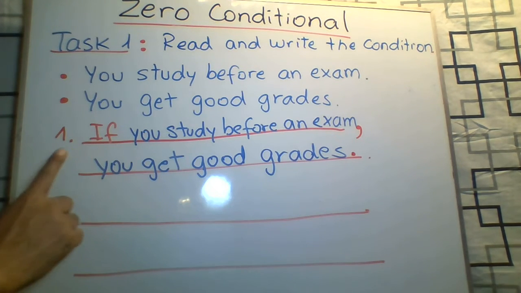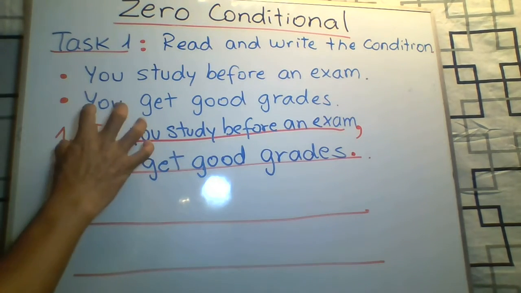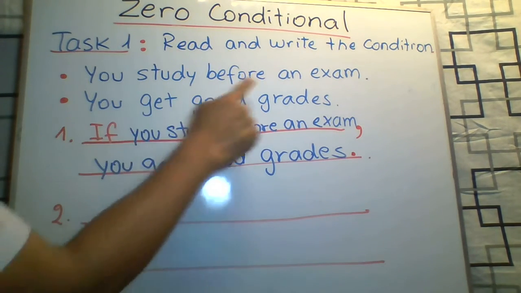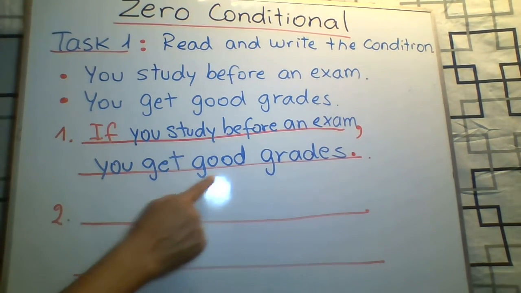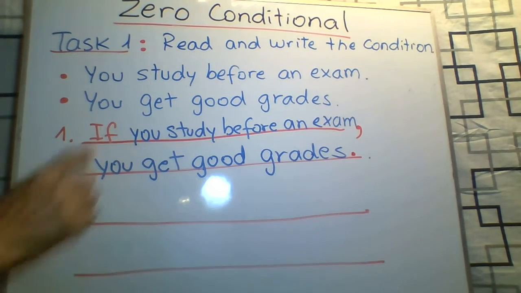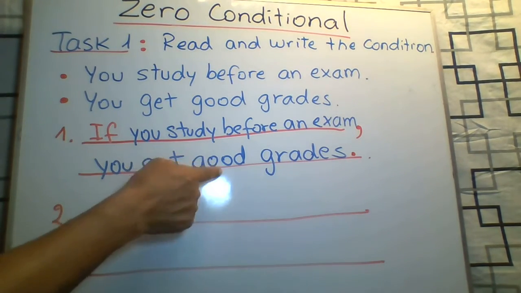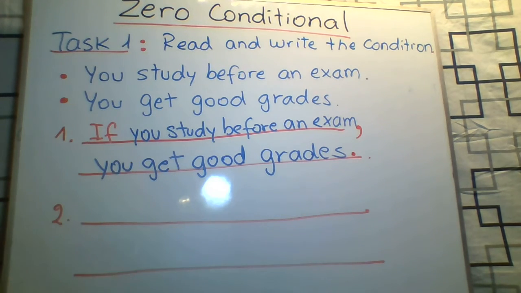The first one, because of the comma, if is in the first part. If you study before an exam, you get good grades. This is the result. So, write it in the inverse way.